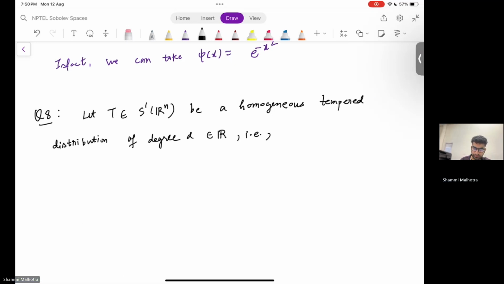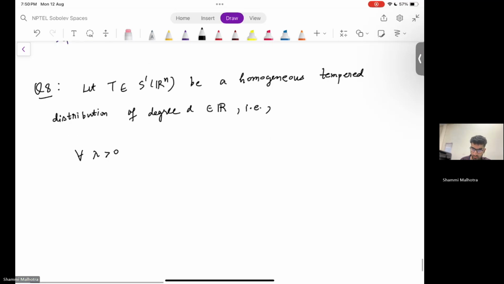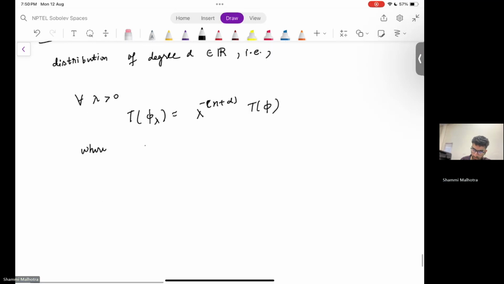That for all lambda positive, if I take T of phi lambda, it turns out to be lambda to the power minus n plus d times T of phi, where phi lambda x is phi of lambda x for all x in Rn.